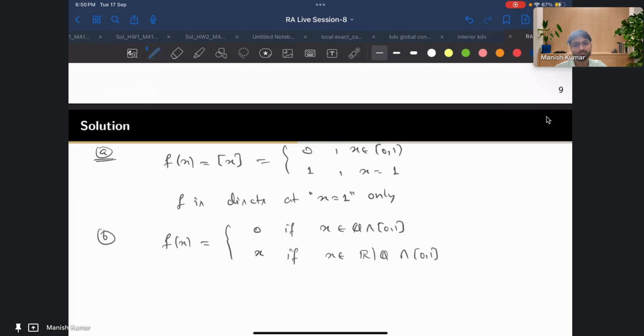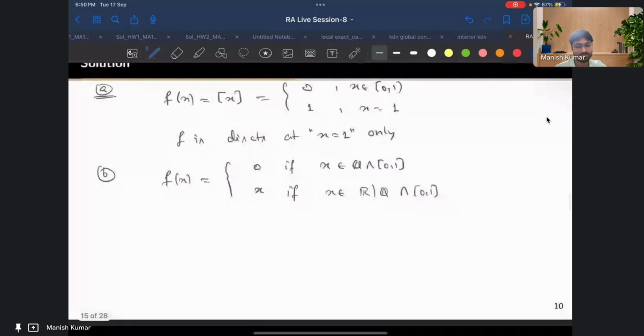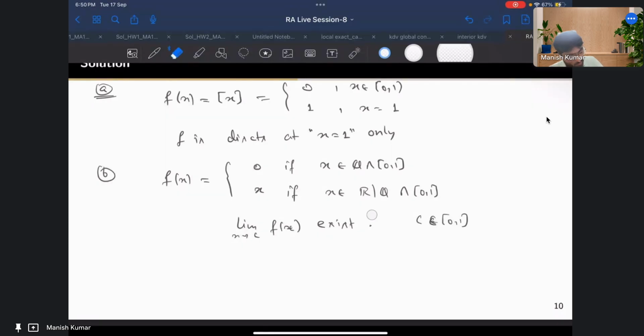It will be continuous at the irrational points. Is it? Okay, tell me, does limit x tending to c of f of x exist? Is it true for c belonging to 0, 1? What do you think?